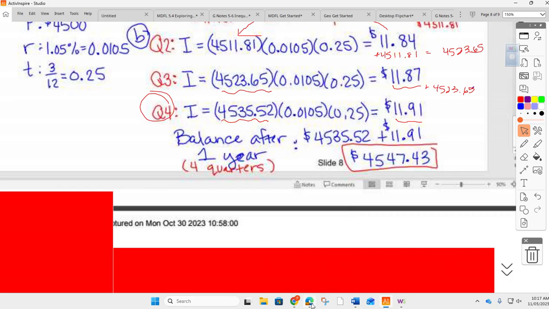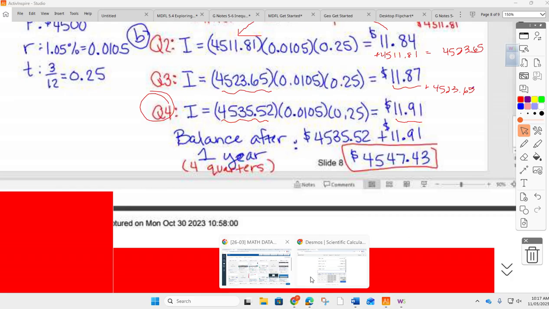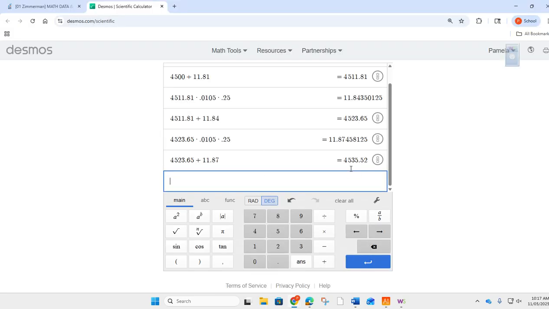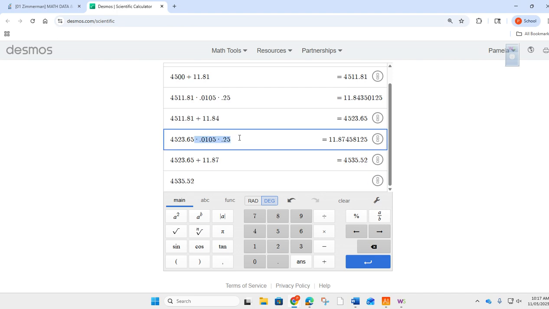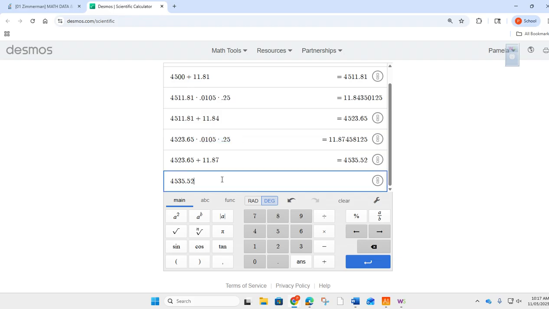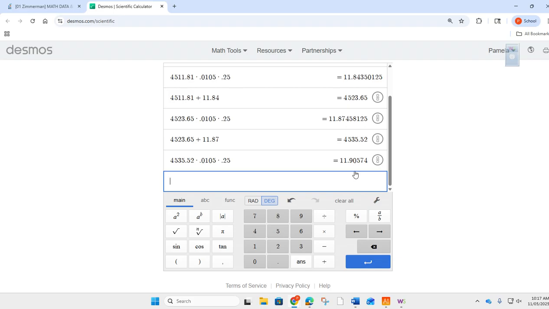Okay. Let's go back over here. I know this is what I'm going to start with. I'm going to paste it. I'm going to copy and paste multiplying by all this. And now I know that that is my interest, 1190. Is it going to stay 1190 or is it going to go up to 1191? Is it going to stay at 1190, Evans, or is it going to go up to 1191? 1, that's right.